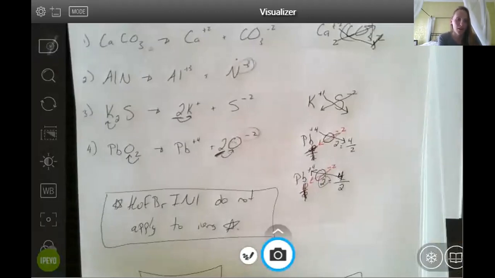So yes, strong acids will ionize, weak acids will ionize partially. We'll talk more about that when we get into our acid-base stuff. Weak bases will ionize. Strong bases tend to dissociate, and that's because they are ionic compounds.